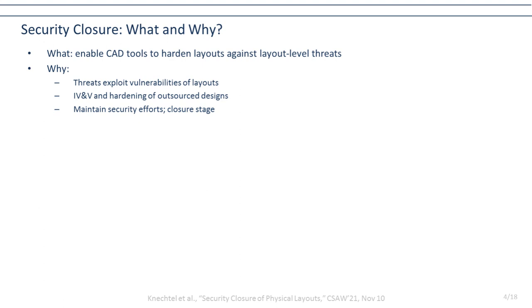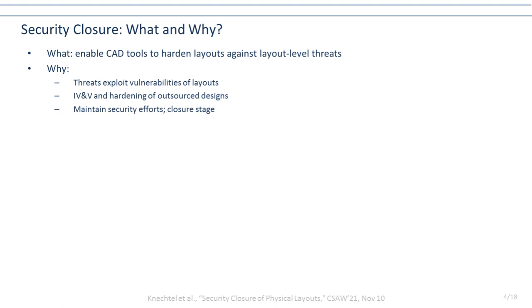Another is that going forward, we can expect even the design process itself to be more and more outsourced. Accordingly, we would want to have independent verification and validation and hardening of layouts as needed.